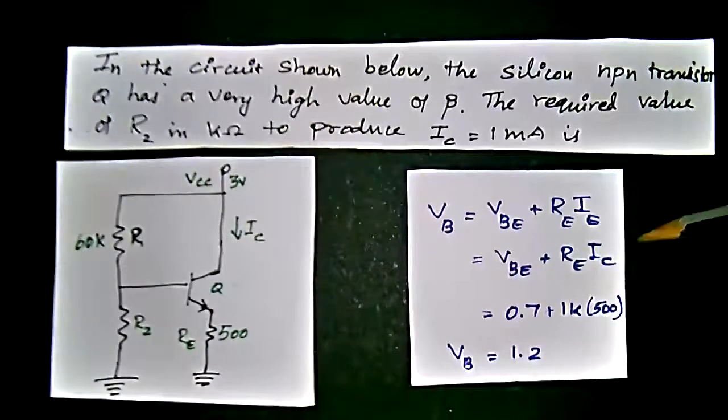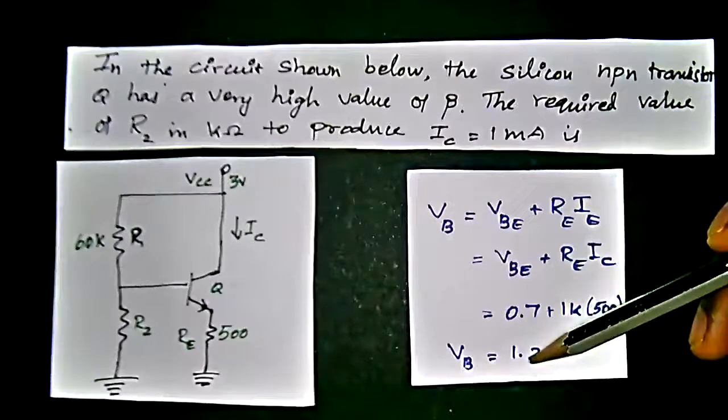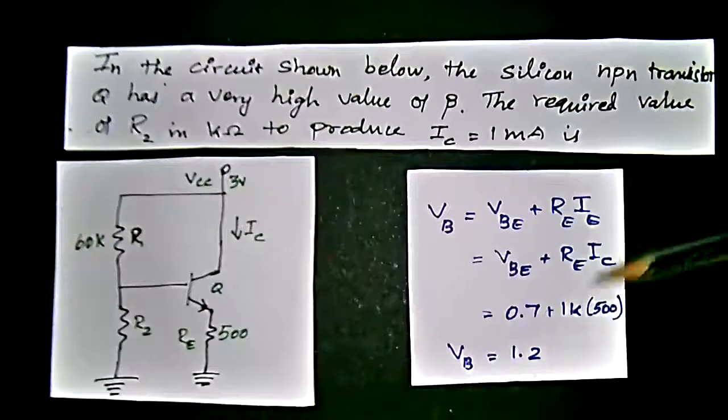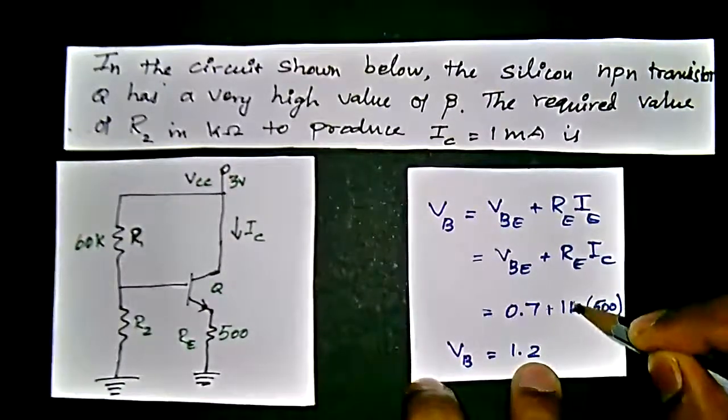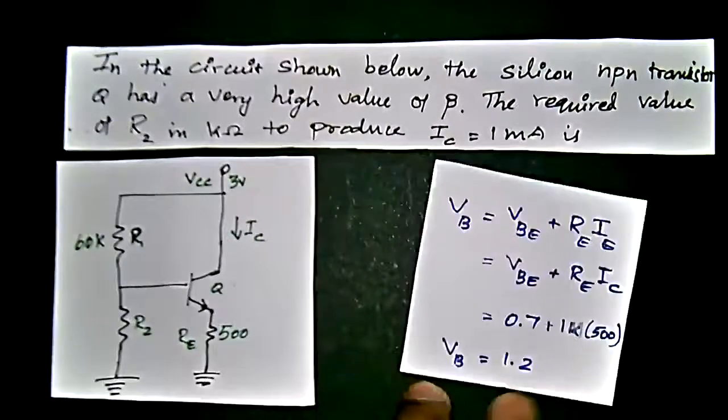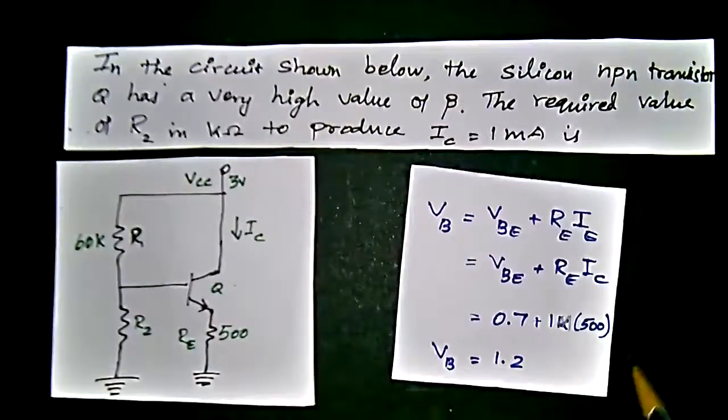IC has to be maintained at 1 milliamp, so 1 milliamp times 500 ohm gives 0.5. We get 0.7 plus 0.5, which is 1.2. VB equal to 1.2 volt.